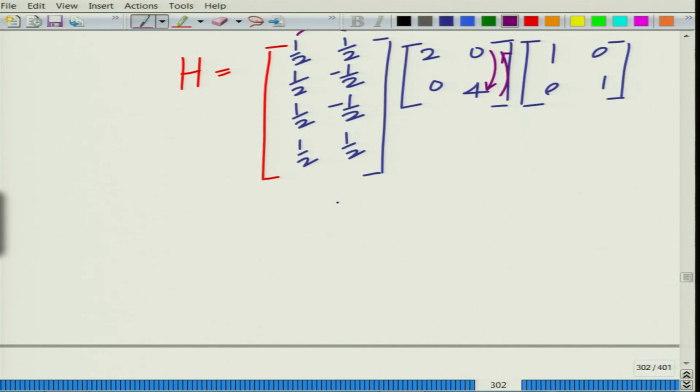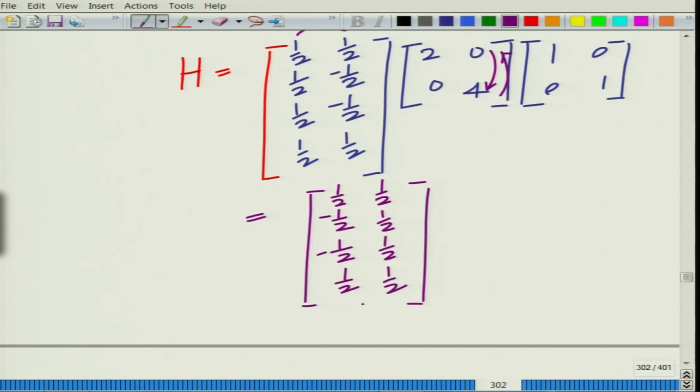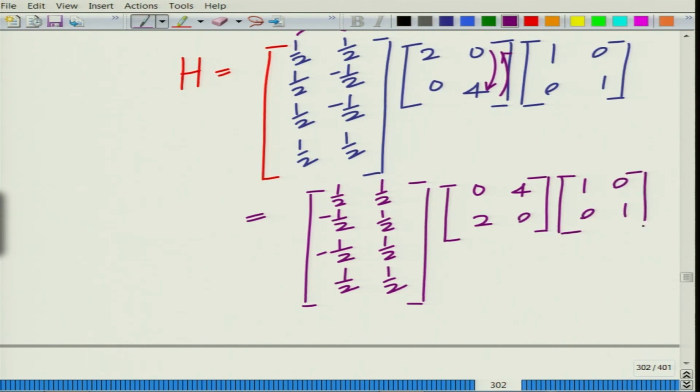So, this is going to become, switch the columns of the first matrix and the rows of the second matrix, half minus half, half minus half, half, half, half, half, half, and here I am going to write 0, 4, 2, 0, 1, 0, 0, 1.